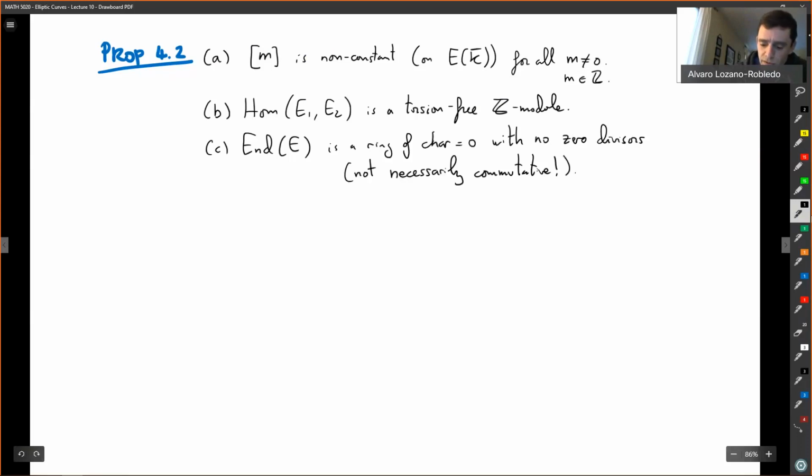Okay, so how do you prove something like this? First of all, the fact that M is non-constant is because, I'm not going to do this, but you can use explicit addition formulas.